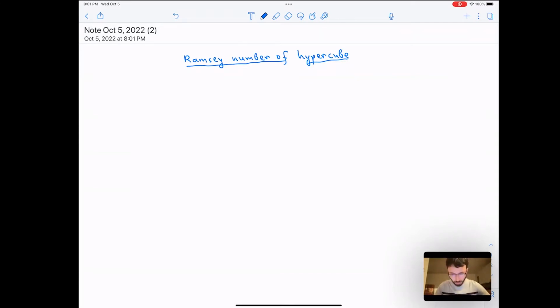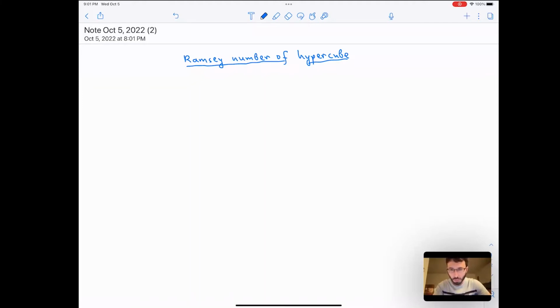I was interested in this question not because the hypercube is such an important graph that we need to understand its Ramsey number, but rather to try to understand what the general principle is in regard to Ramsey numbers of sparse graphs.